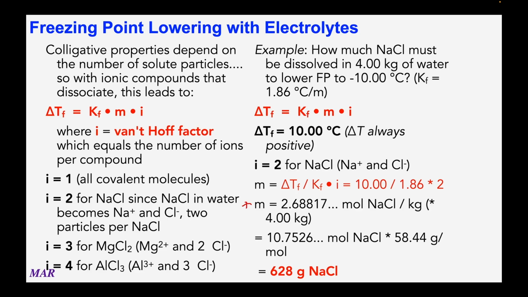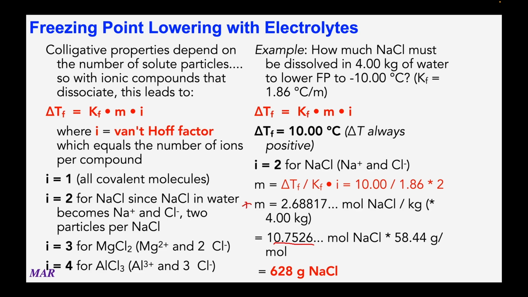And if you multiply moles over kilograms by the kilograms of solvent, 4.00 kilograms, then that gives you the moles of the NaCl, which is this number. Multiply that by the molar mass of NaCl. It's going to take 628 grams of NaCl in 4.00 kilograms of water to lower the freezing point by 10 degrees. So this is just another twist of things.